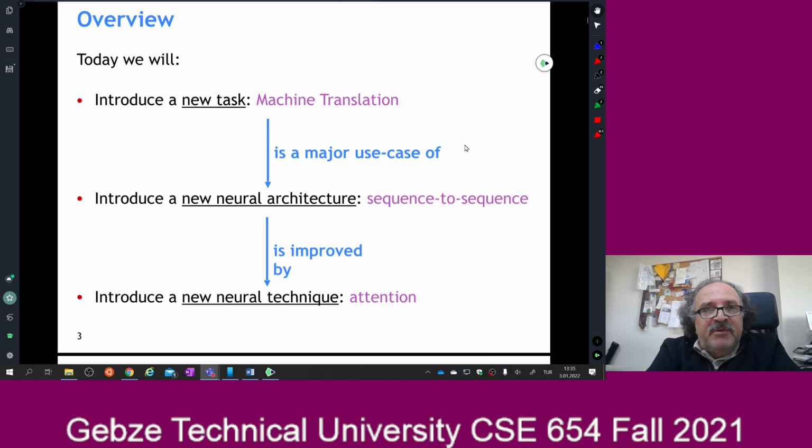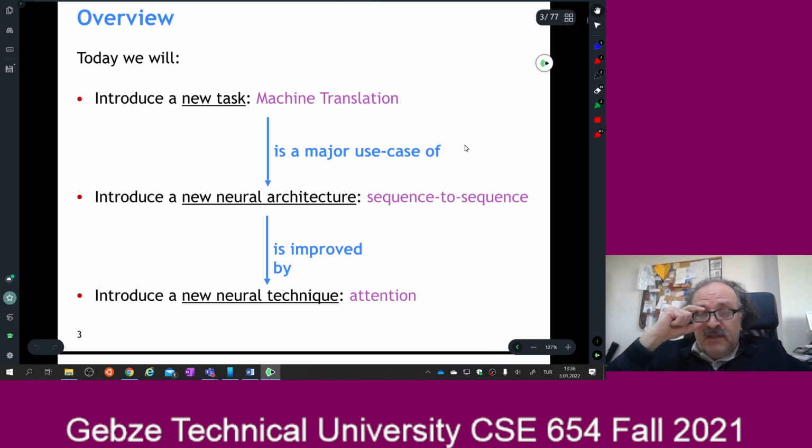And while people were working on this problem, they came up with a new idea of attention, and we are going to talk about attention. Attention is something important because it originated from NLP research, but later people started using it in all other kinds of artificial intelligence problems, and we are going to look at attention at the end of this lecture.